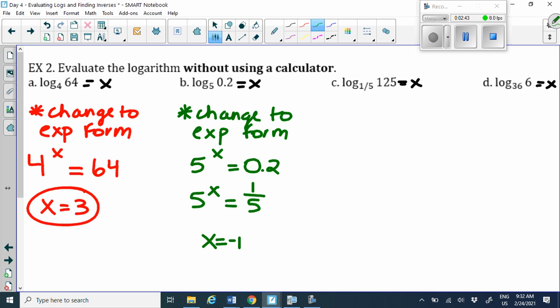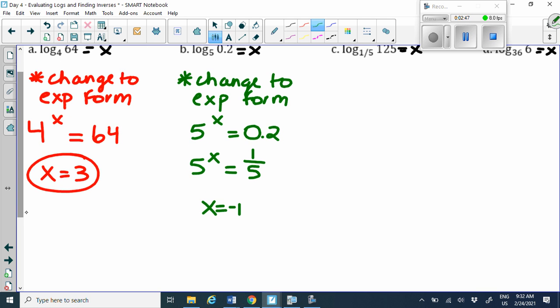So we have x equals negative 1, and we can check our answers to make sure that worked, right? So if I have 5 to the negative first, well, I flip that fraction, and 5 to the first is just 5. So that works out, okay? So you can always check your answer if you need to, just to see if that works. So x equals -1 is the correct answer.